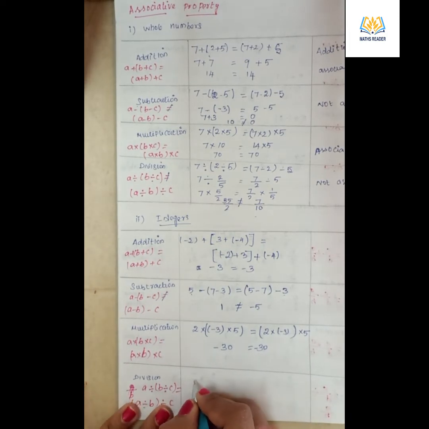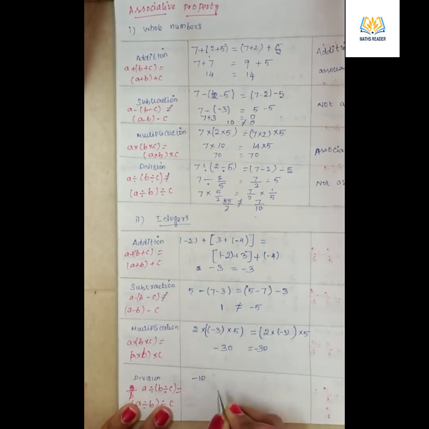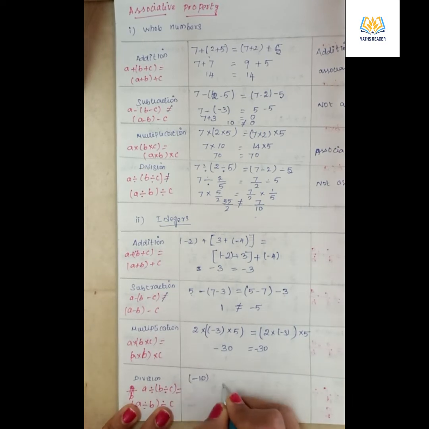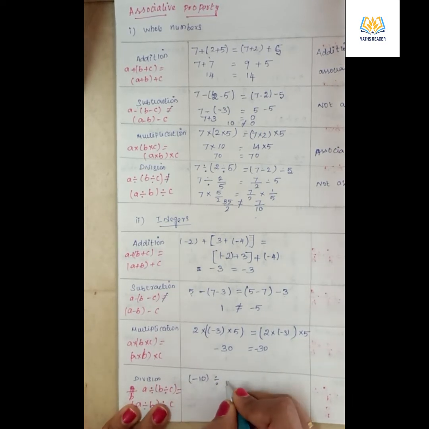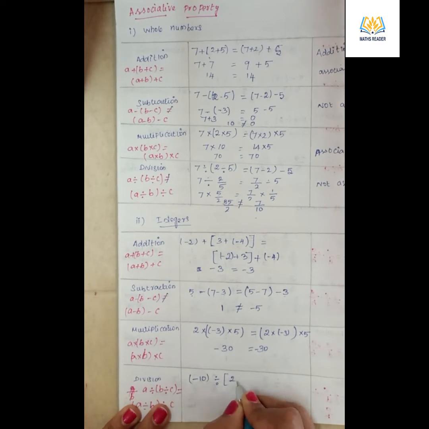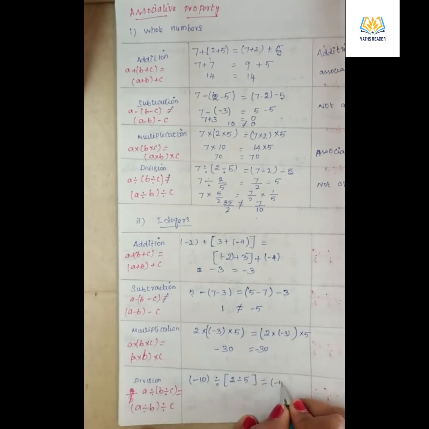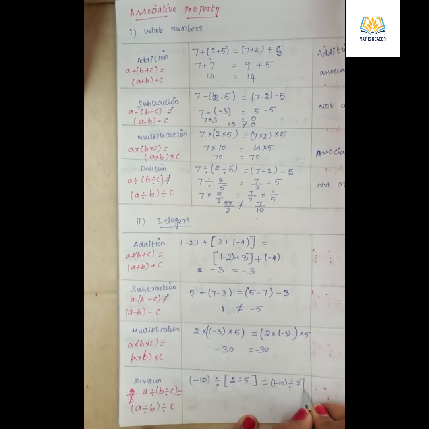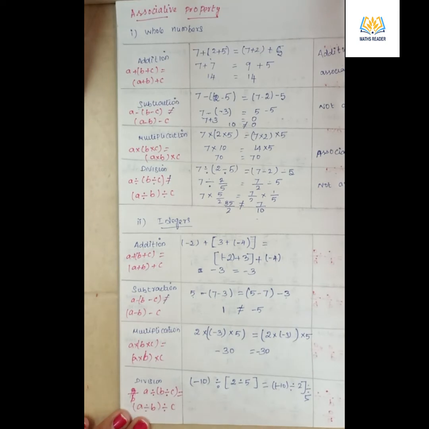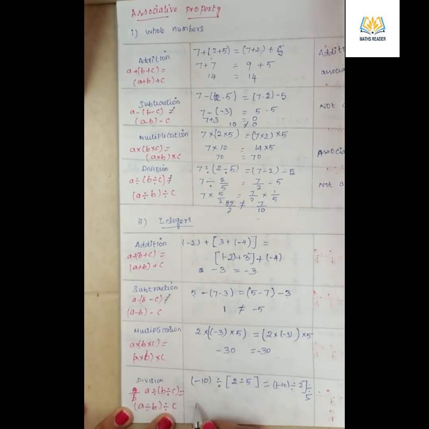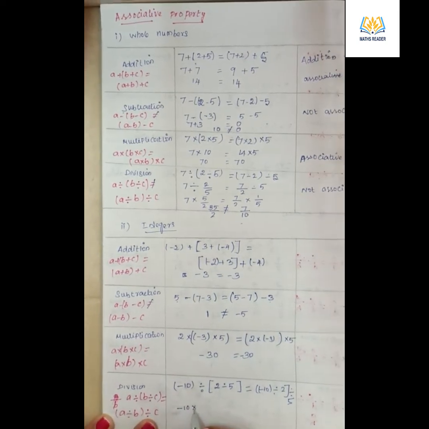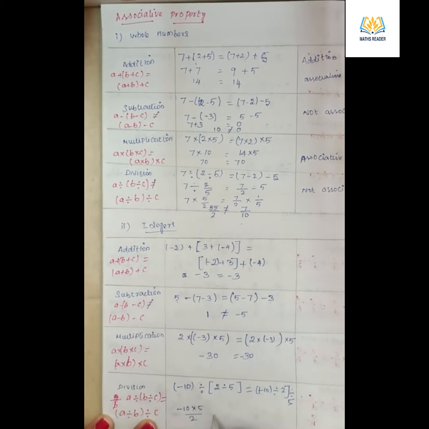Next, for division, let's take integer minus 10 divided by 2 divided by 5. This is equal to minus 10 divided by 2 divided by 5, with the brackets changed. So this left hand side answer is minus 10 into 5 divided by 2.